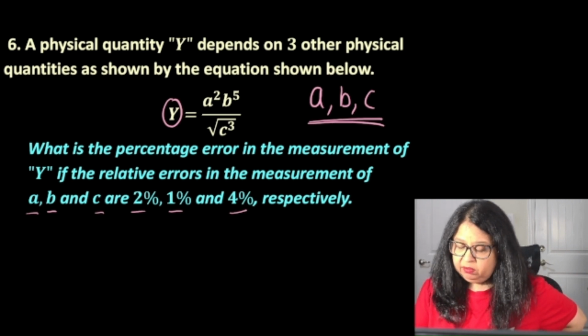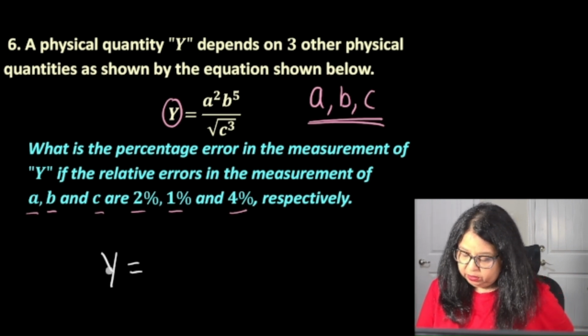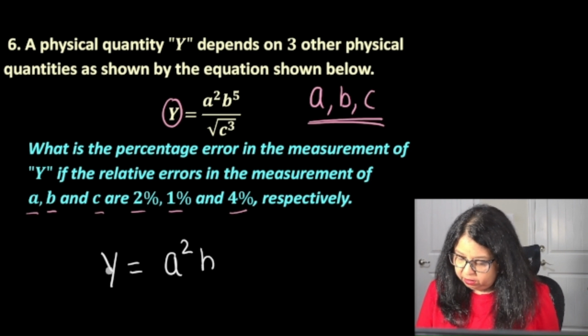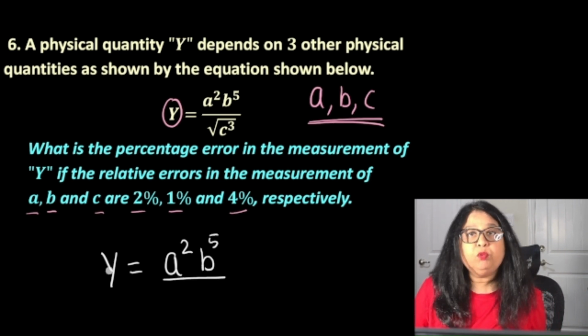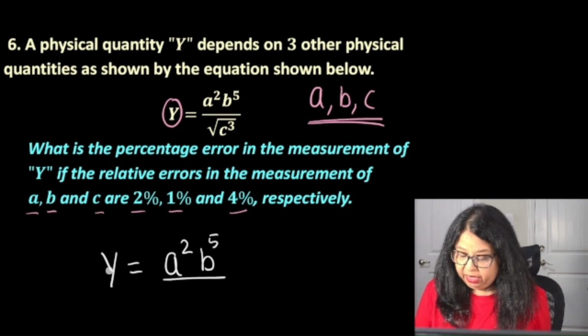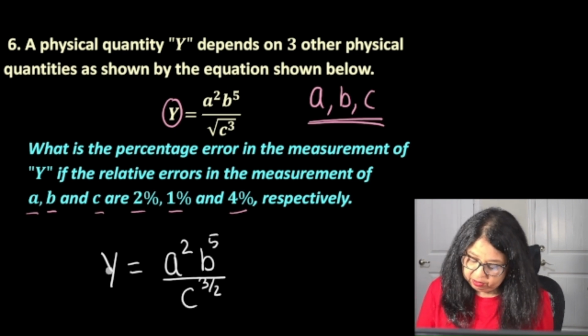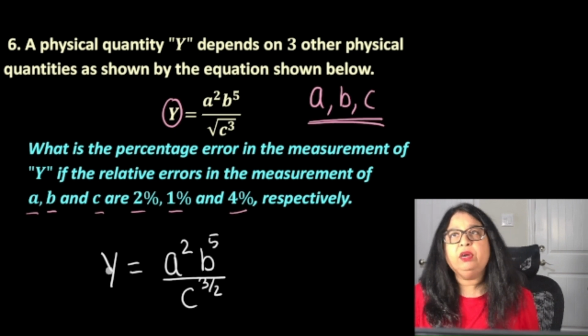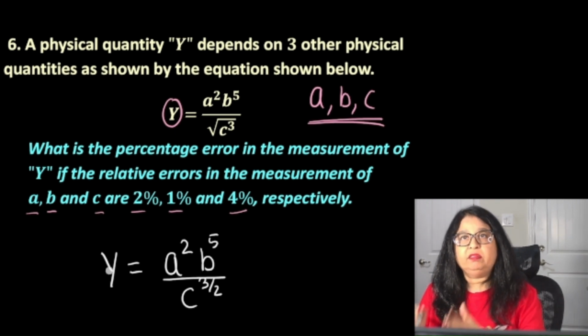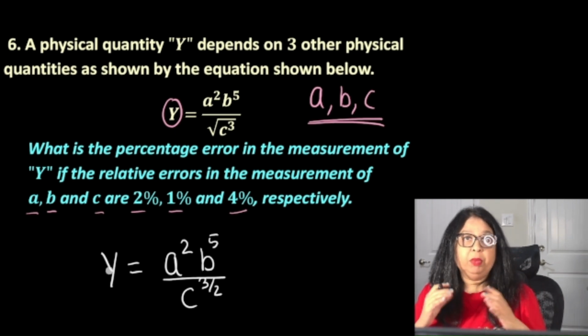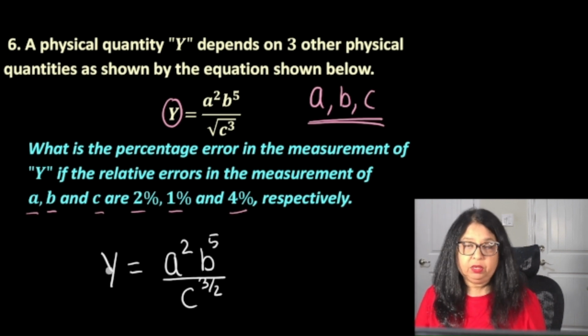Now, in this case, y is equal to what? A squared times B to the 5 divided by square root of C cubed, which can be written as C to the power 3/2. So now here you will see that A, B, and C, these are being multiplied or divided with each other.